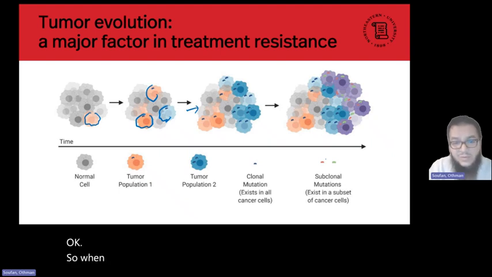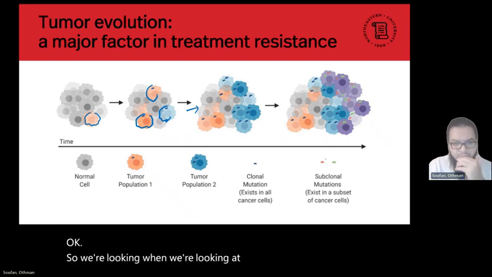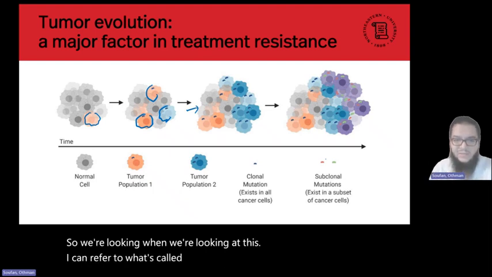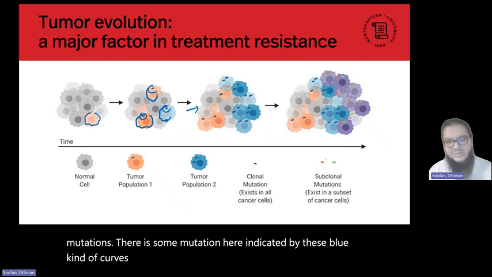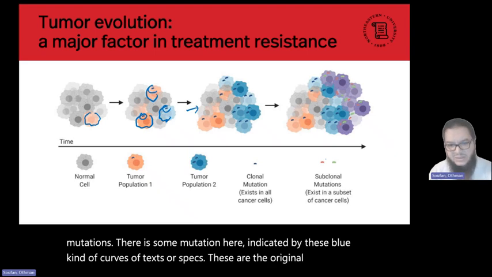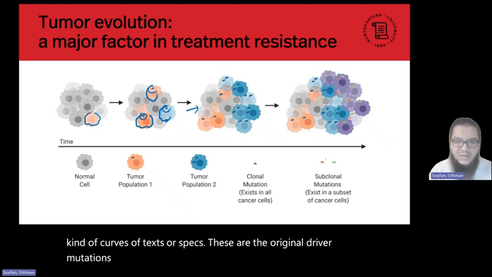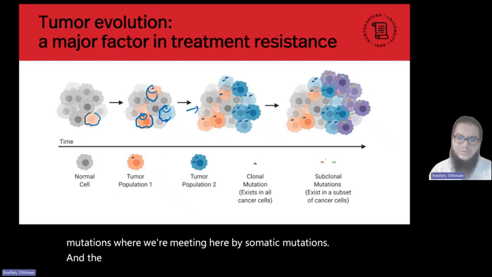So when we're looking at this, I can refer to what's called the type of mutations, the somatic mutations. There is some mutation here indicated by these blue kind of curves or ticks or specks. These are the original driver mutations. What we mean here by somatic mutations, in the body we have two types of mutations.